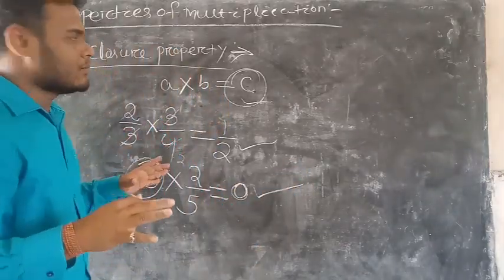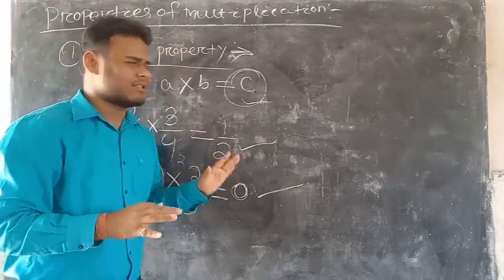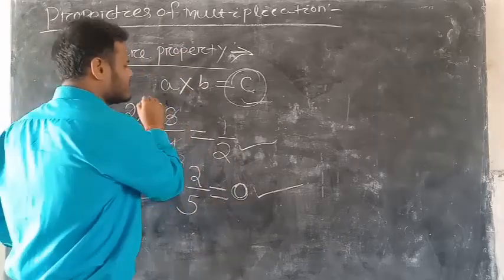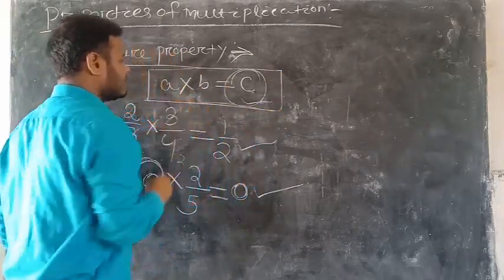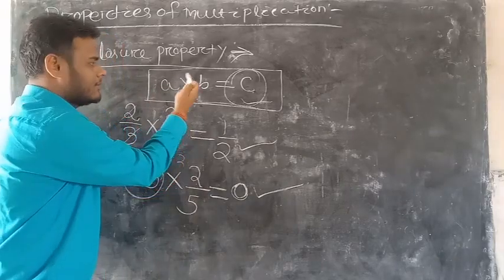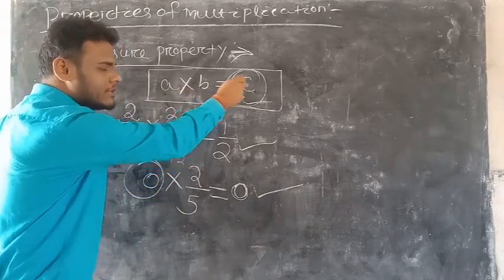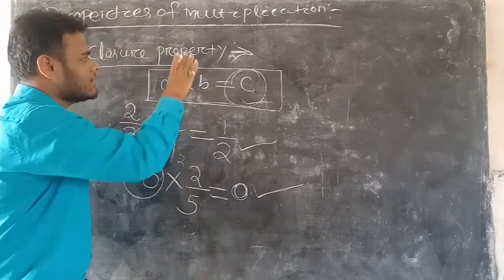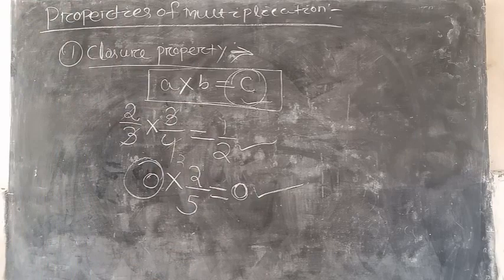So hence it is proved that the closure property is satisfied for multiplication. These are very simple things, and you should know this line particularly: when a is a rational number and b is a rational number, then the product I get, c, is also a rational number. This is what the closure property says. Note it down.